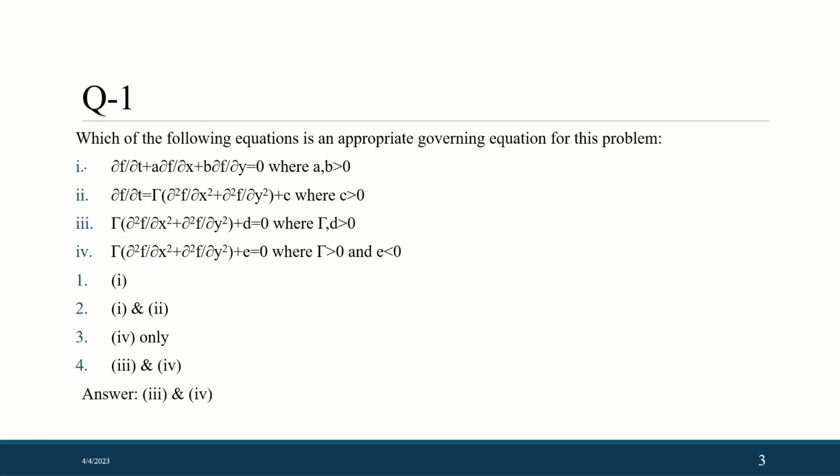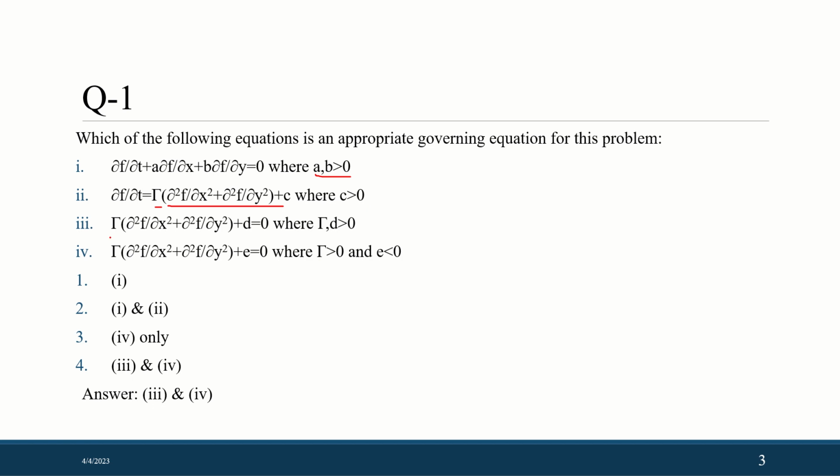The first question is, which of the following equations is an appropriate governing equation for this problem? The first one: dou f by dou t plus a dou f by dou x plus b dou f by dou y is equal to 0, where a and b are both greater than 0. The second one: dou f by dou t is equal to gamma times dou square f by dou x square plus dou square f by dou y square, plus c, where c is greater than or equal to 0.